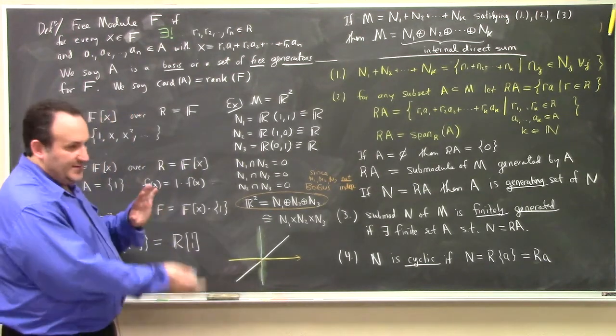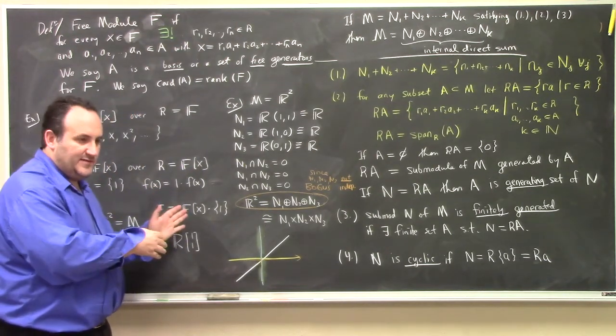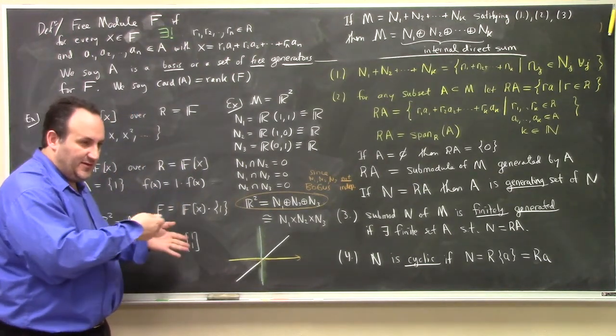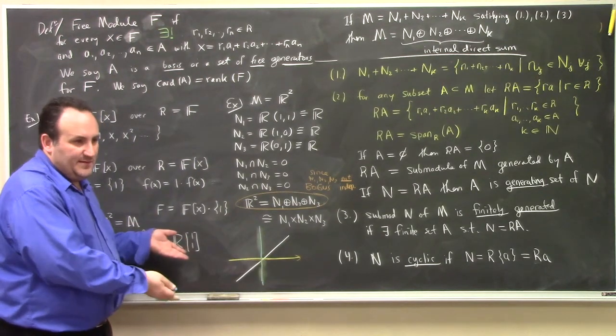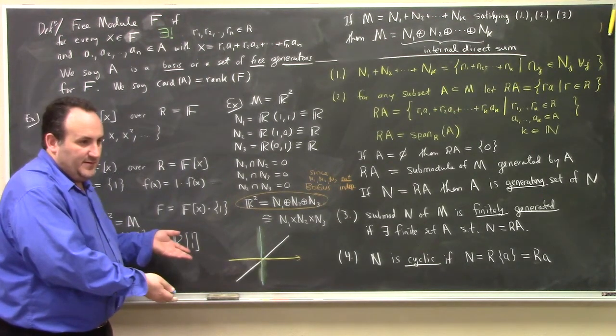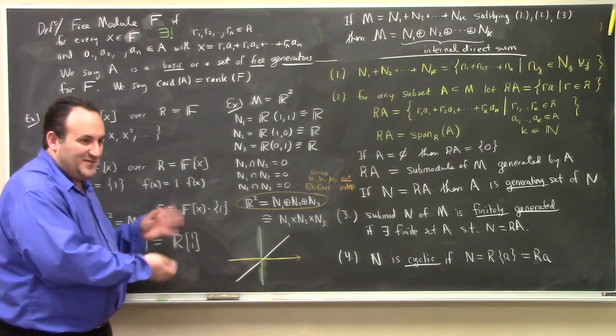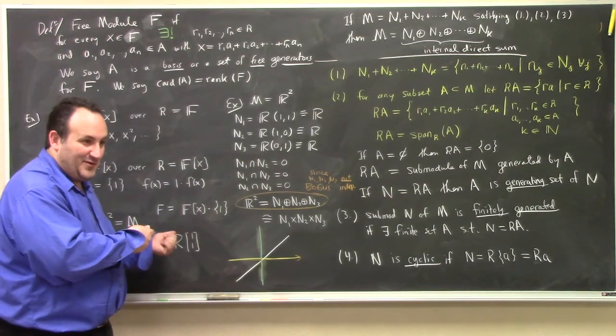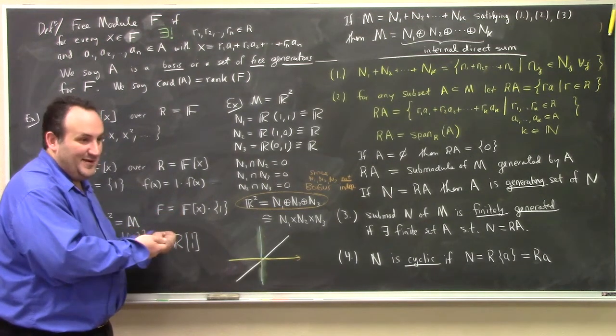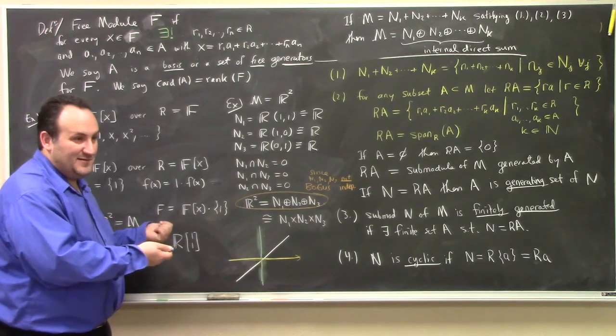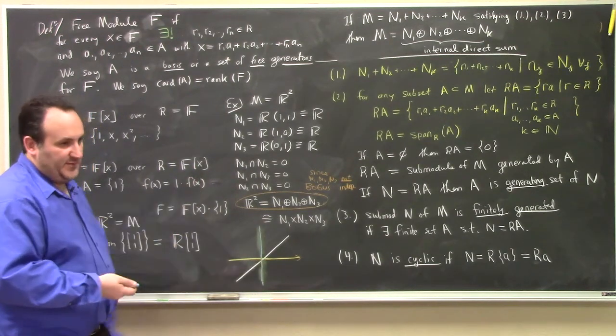If you take the sum of any two of those lines, all linear combinations from vectors that lie along them, you get the whole plane. So is the intersection of the sum of any two of these with the remaining third 0? No, it's just the remaining third again. So these are not independent subspaces.